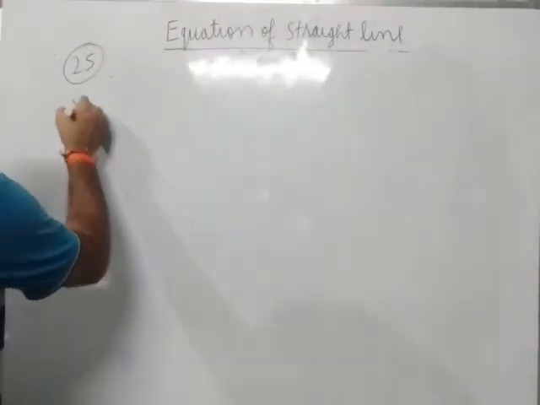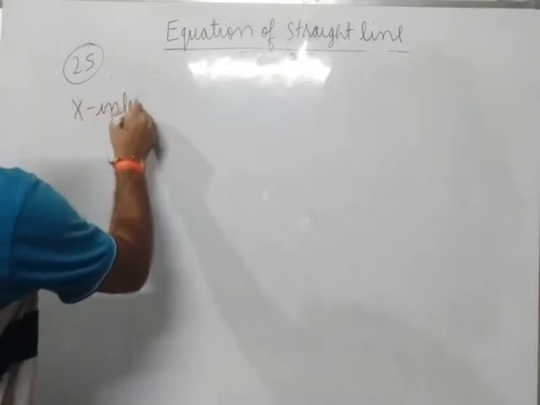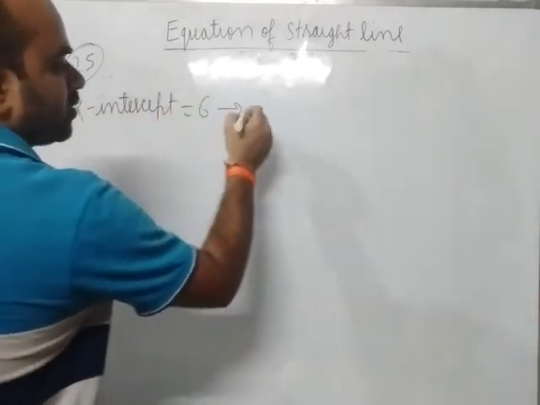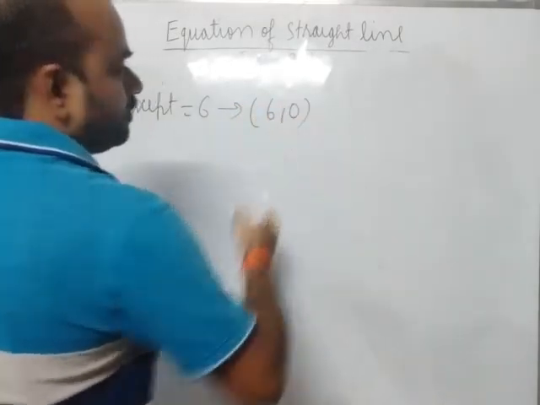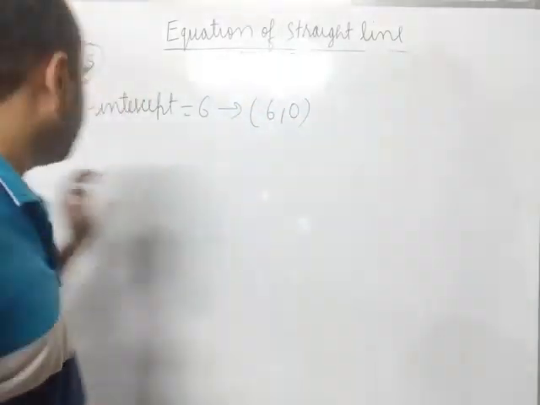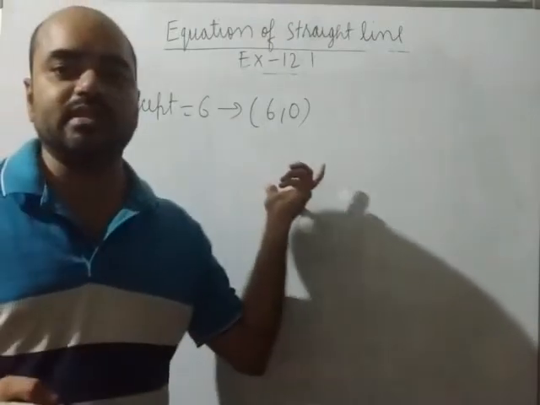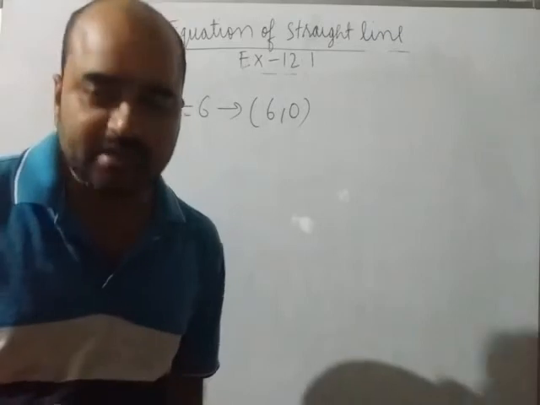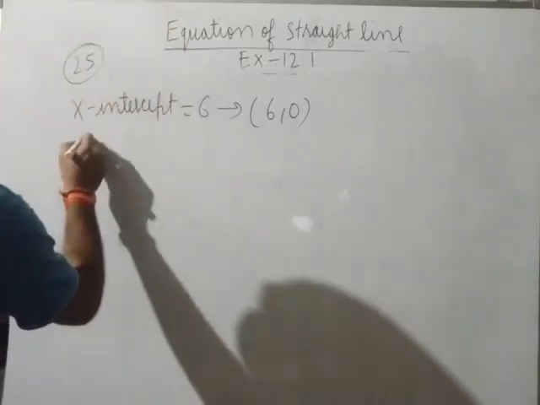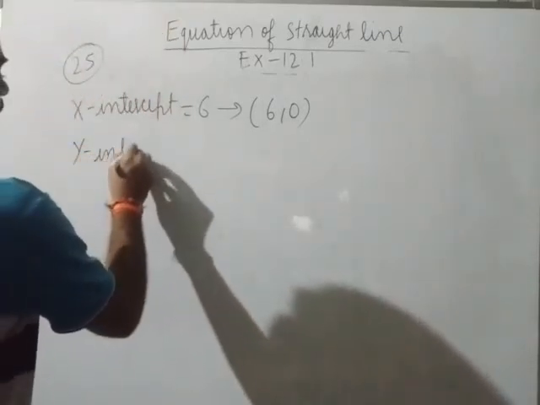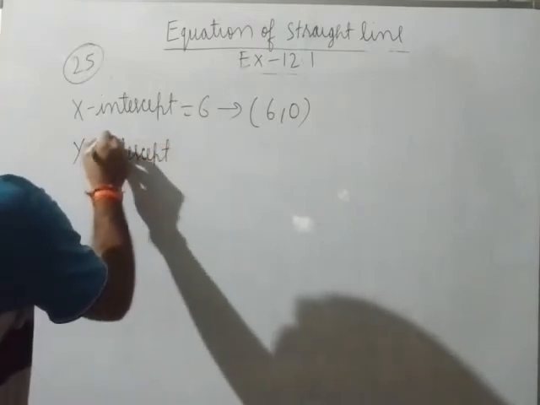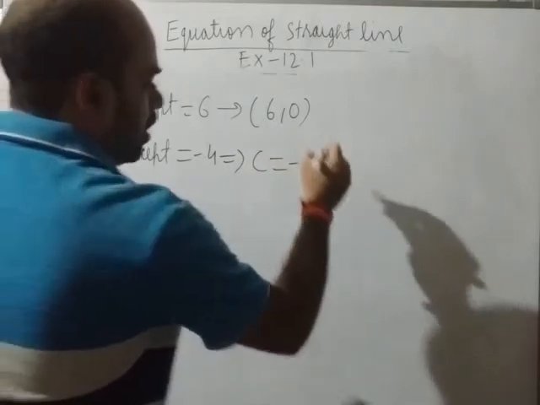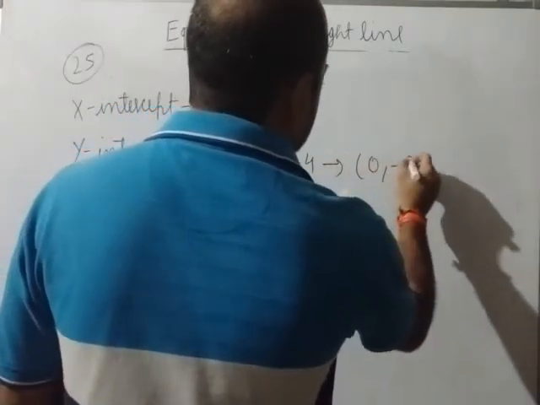If the x-intercept is 6, the coordinates will be (6, 0). Just now we have seen that, correct? And the y-intercept is -4. It means c is -4, or the coordinates are (0, -4).